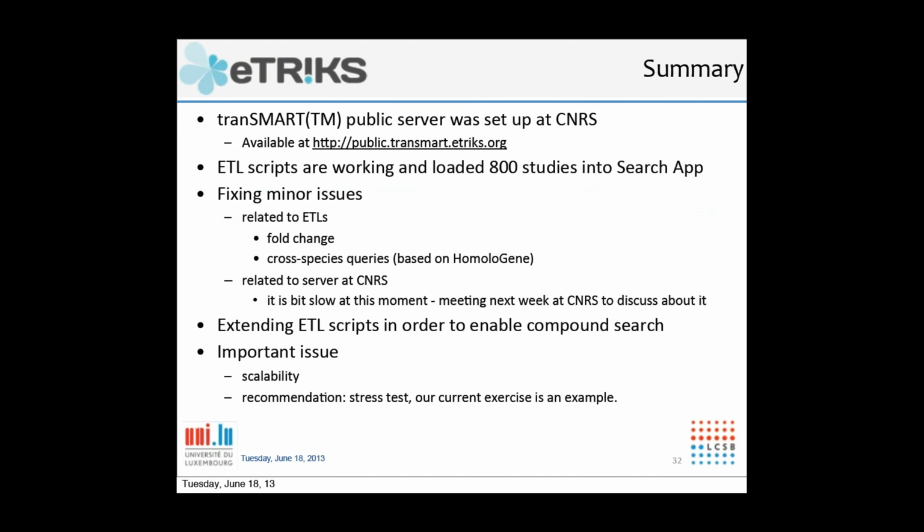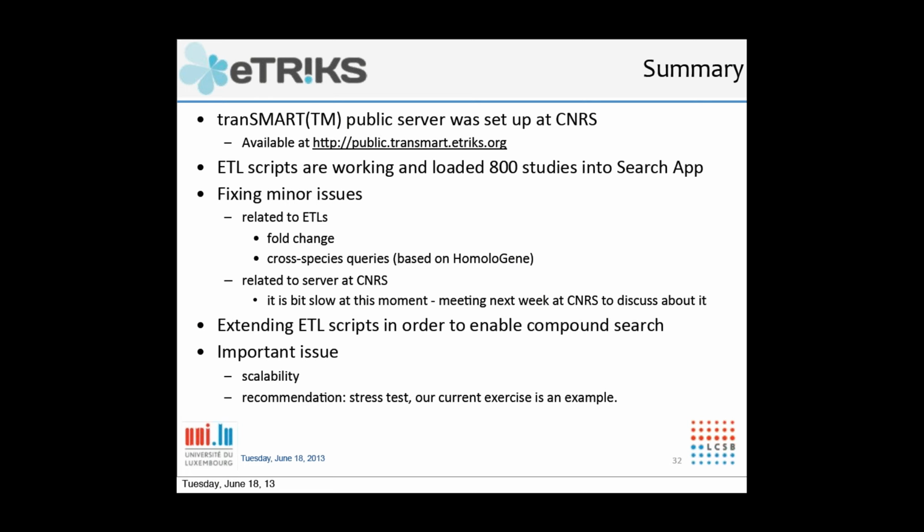And coming to the summary, now we have this public server set up, and it has 800 studies. Right now we have some minor issues like the fold change, and currently you can't do the studies that are relevant to mouse or rat, because we need to have this homology for the cross-species comparison. It is not working yet, so we are debugging.